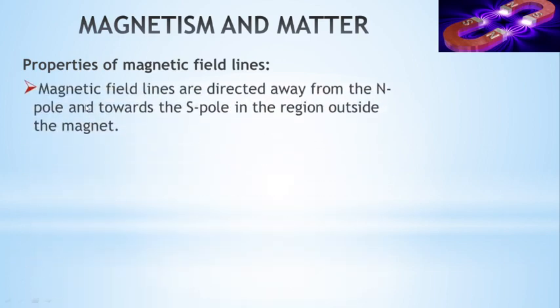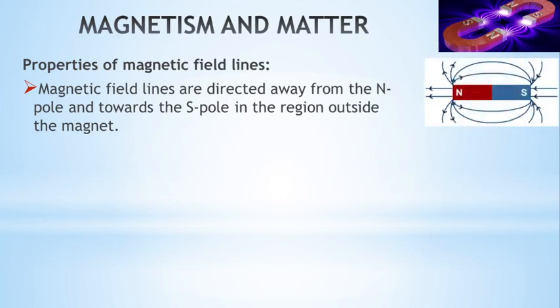The first one: magnetic field lines are directed from the N pole towards the S pole. That means simply we can write that magnetic field lines start from the N pole and end at the S pole. See here, from the N pole the magnetic field lines are starting. See the arrow mark here. You should write the arrow mark. In the examination, they may ask a question like this: represent the magnetic field around a bar magnet.